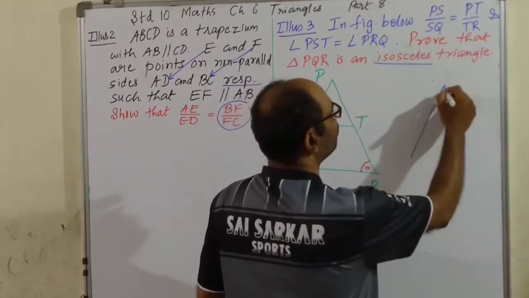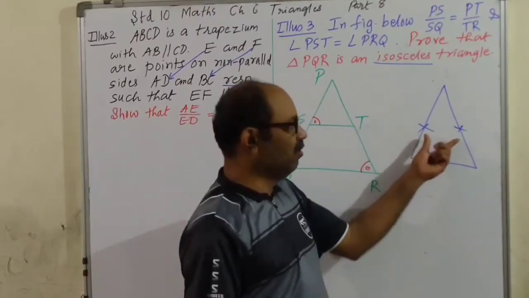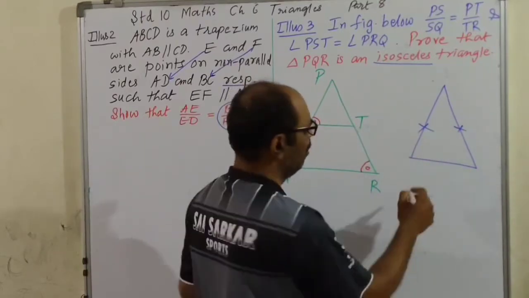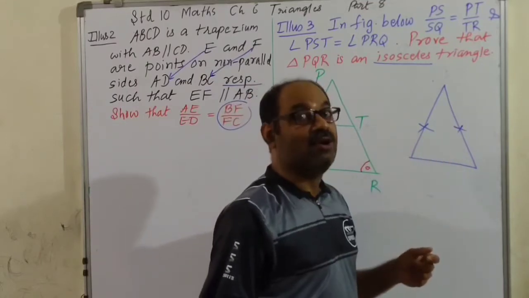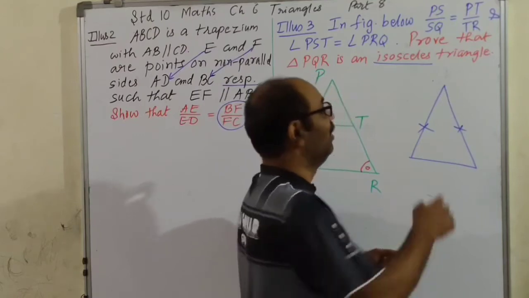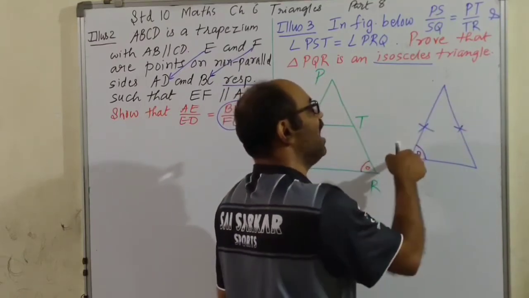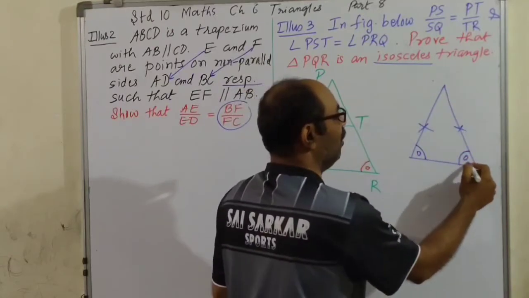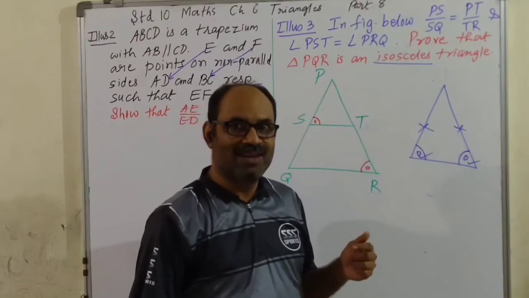If this side and this side are congruent, it is called isosceles. When can two sides be equal? The angle opposite this side and the angle opposite the other side: if those two angles are equal, then these two sides are equal.